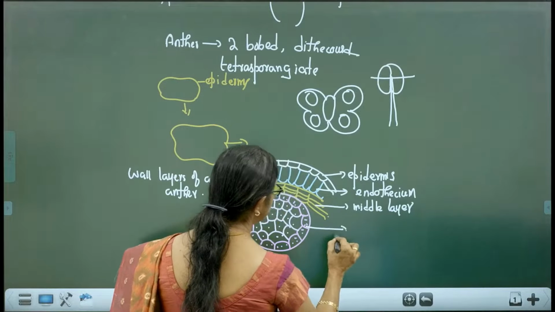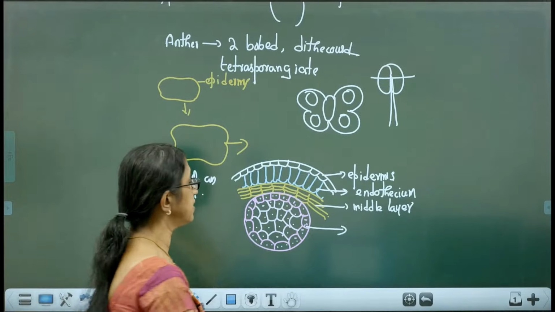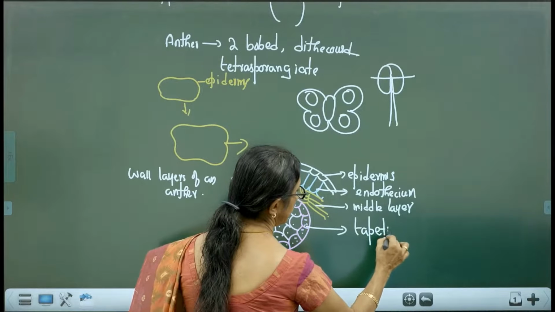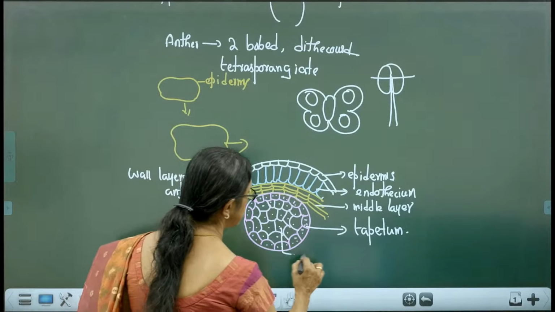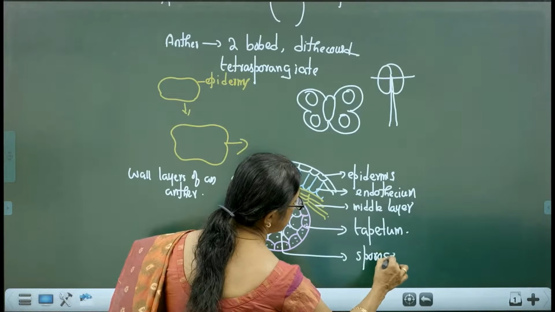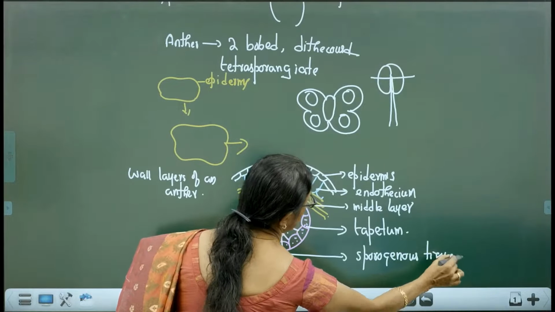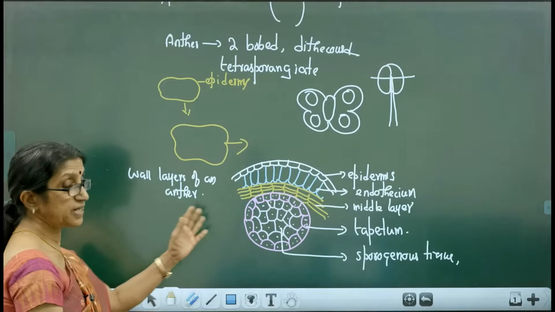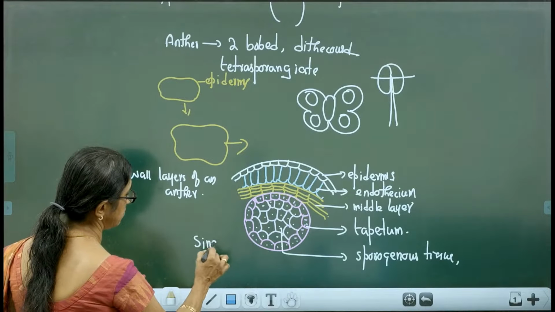And then comes the innermost layer of the anther wall, and it is called tapetum. And inside this we can see the porogenous tissue. Porogenous tissue, okay. And this is right, various wall layers of anther and single lobe enlarged.